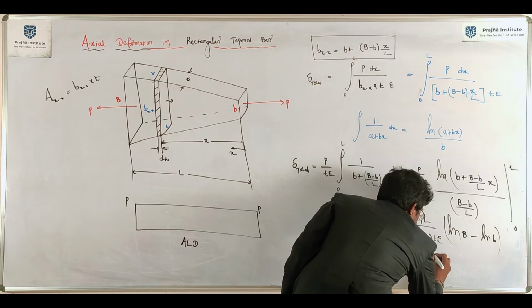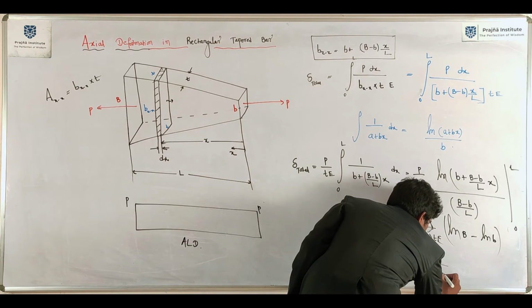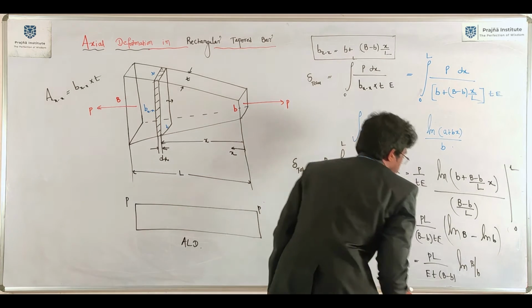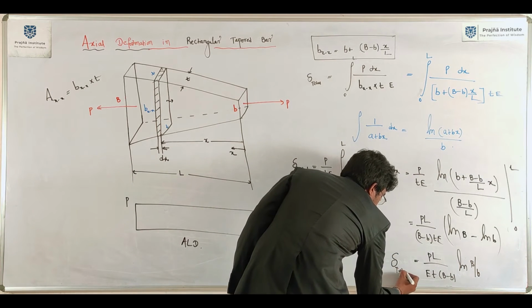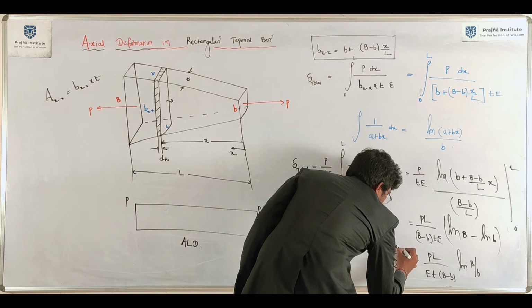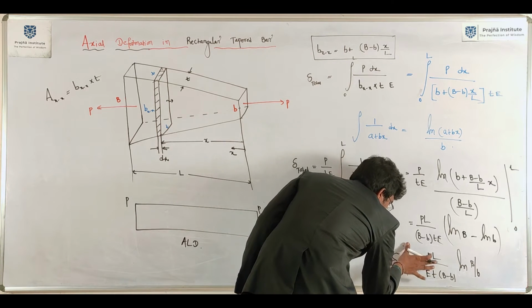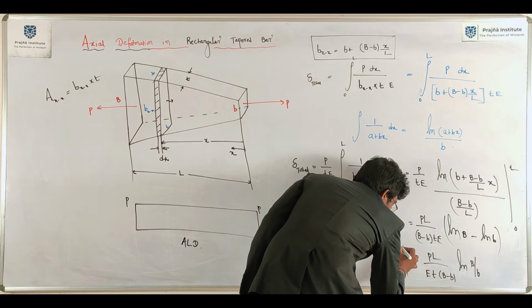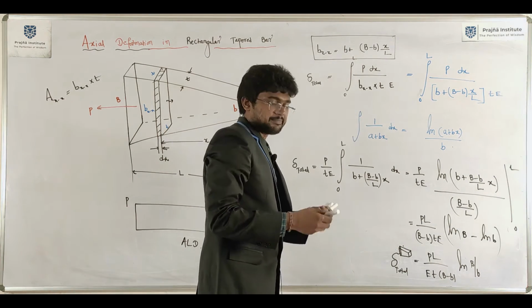Finally, PL by Et(B minus b) ln capital B by small b. This is delta total in the rectangular tapered bar.